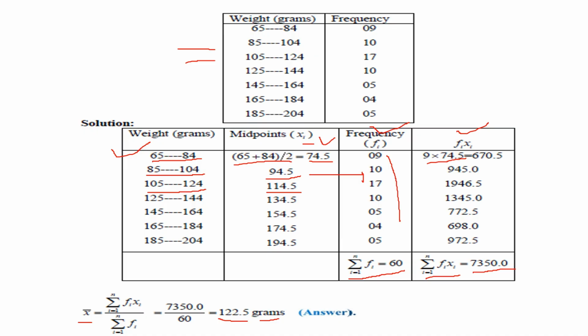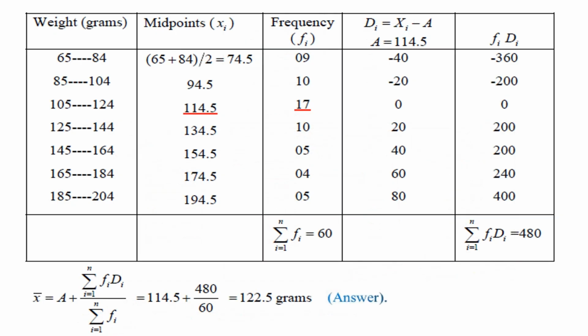Now, using some modification, we proceed as follows. We have the same type of data, that is the class intervals, the same frequencies, and we find the midpoints as previously. We have done it, 65 plus 84 divided by 2, and so on. These three columns we have already discussed. Now, what is new in this case?